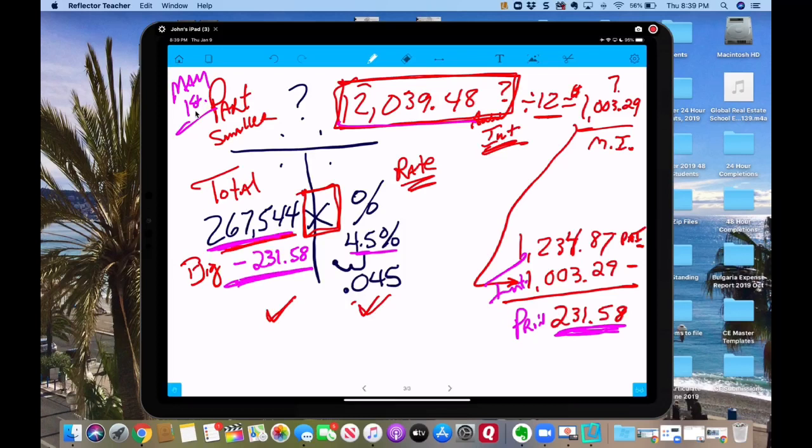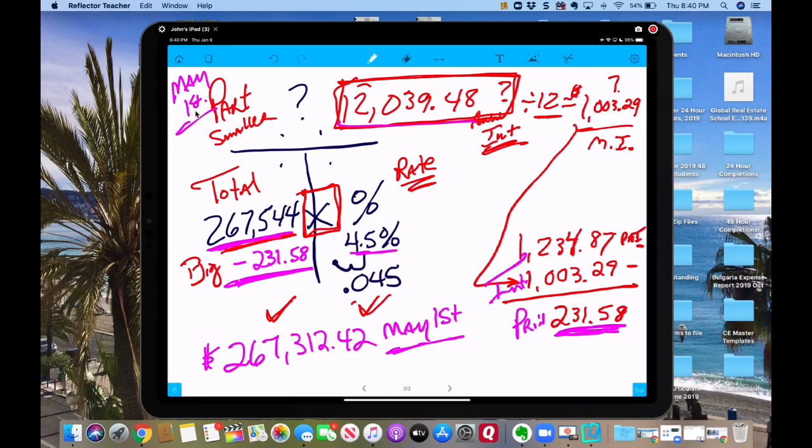So $267,544 minus the principal that you paid on May 1st, 231.58, equals a new loan balance of $267,312.42. This is the loan balance on May 1st. That's your new loan balance.